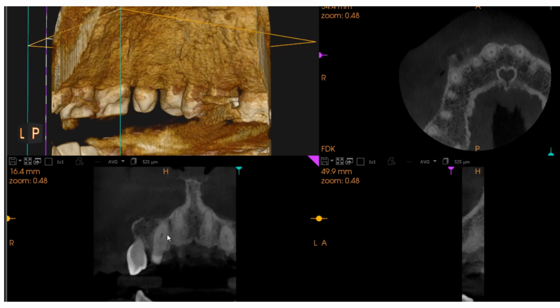And the coronal shows it clearly that there is no lesion. So CBCT saved this tooth from unnecessary treatment.